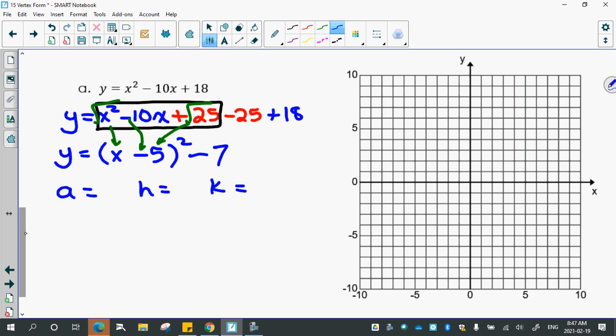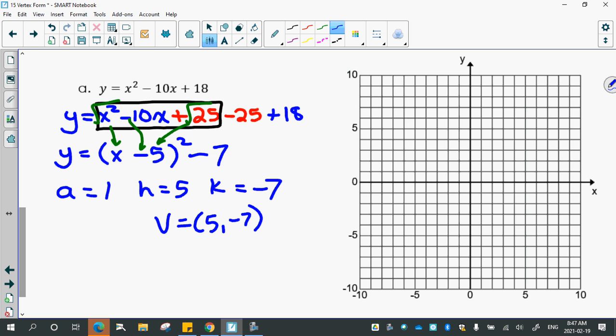And then take out A, H, and K. A is 1, H is 5, K is negative 7. Very good. Any questions on how to get any of those three? Okay, so the vertex is (H, K), so it's going to be (5, negative 7).